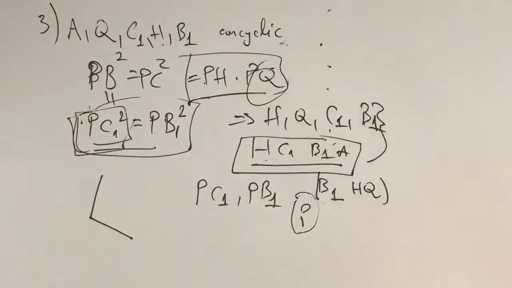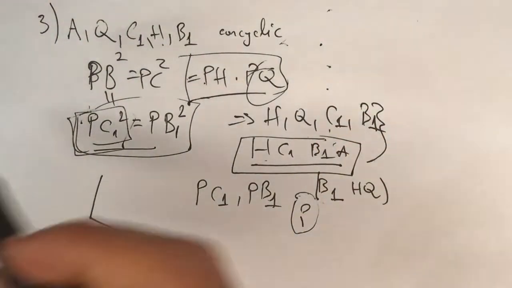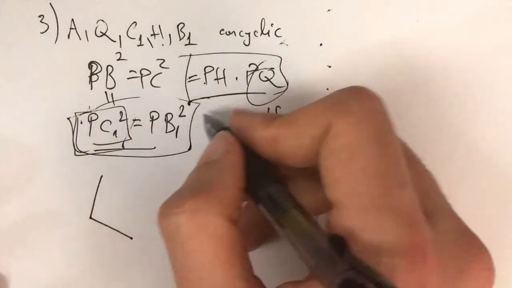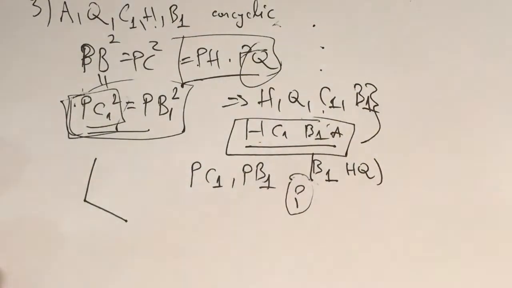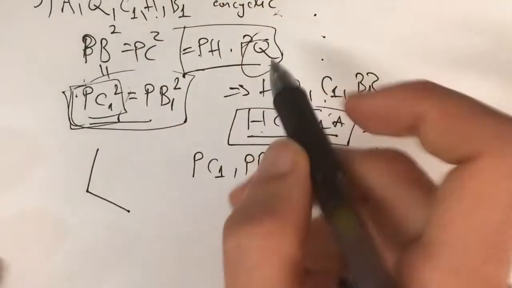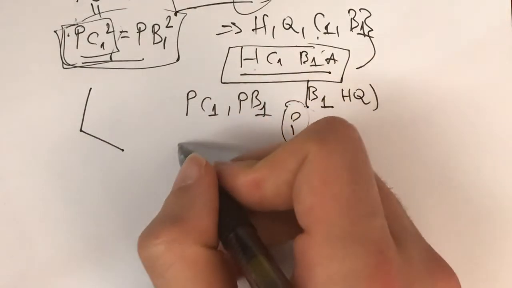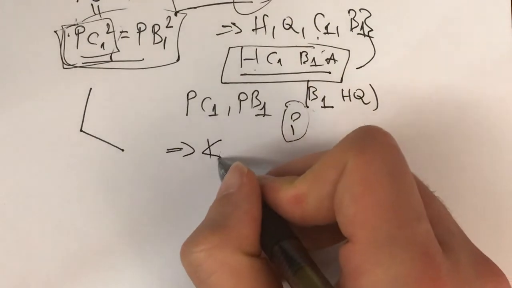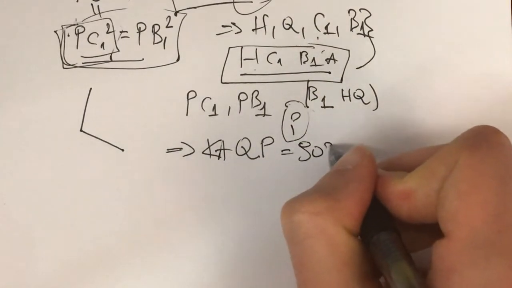If we did a phantom point, Q prime, equal to the intersection of PH with that circle, we would have PH times PQ prime equal to PC1 squared, and then we'd get Q prime equals Q. Interesting, but a good learning point here: you need to be careful about concyclic points when you're using just powers of points like this. And now this also implies that the angle AQP is equal to 90 degrees.